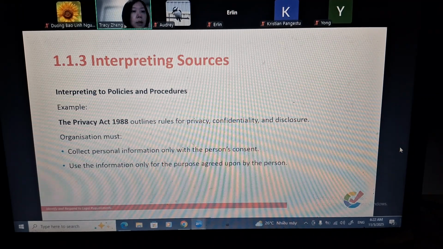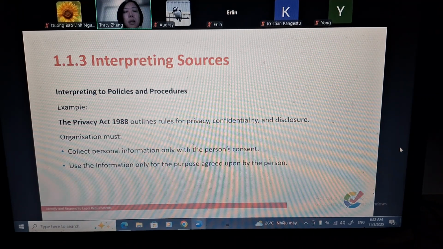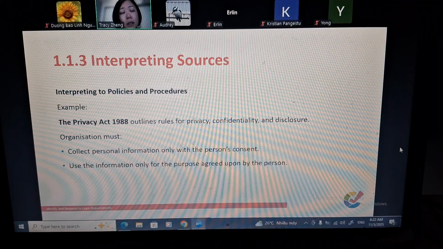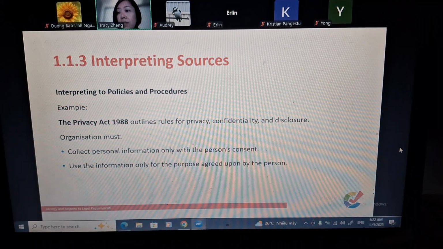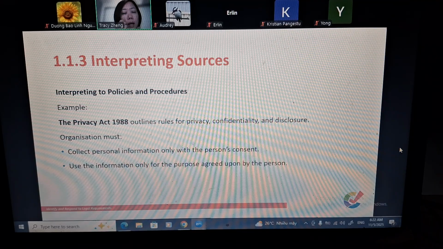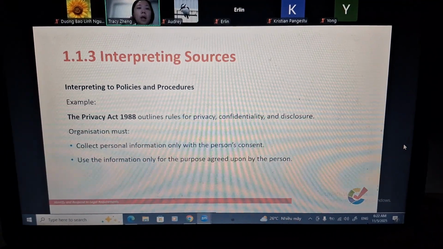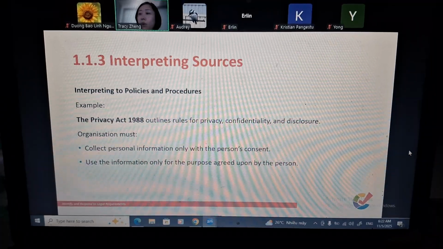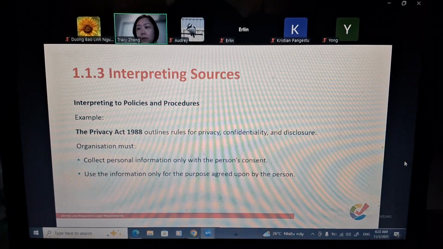So it is important to make sure that even though you're getting the information, you're able to understand it. Okay. For example, I listed here one of the really common regulations we must follow. It is the Privacy Act, right? In every state and the whole of Australia, we follow this Privacy Act. This legislation outlines the rules for privacy, confidentiality, and disclosure.